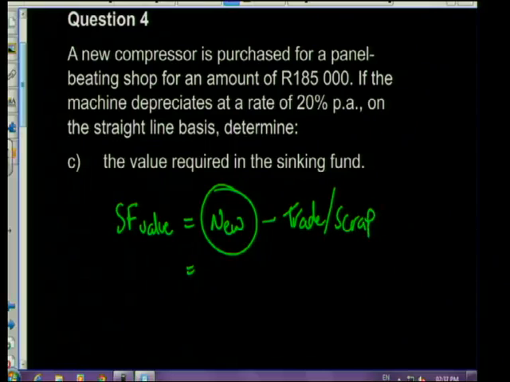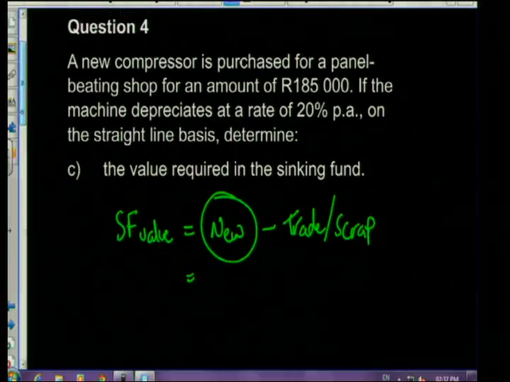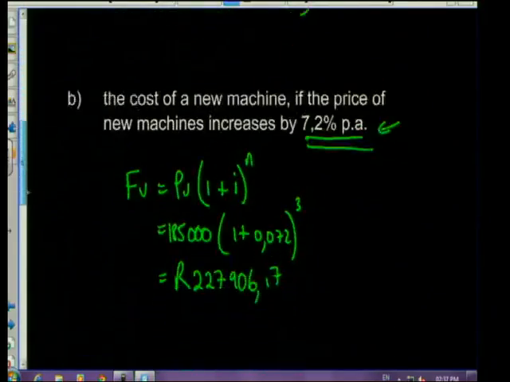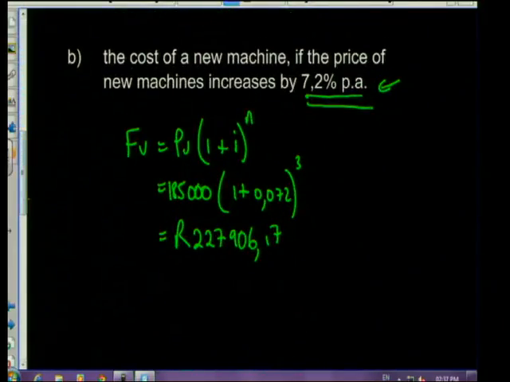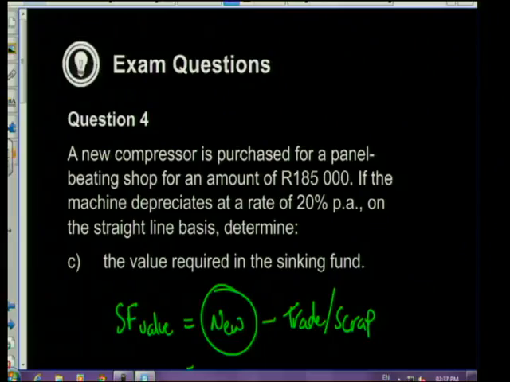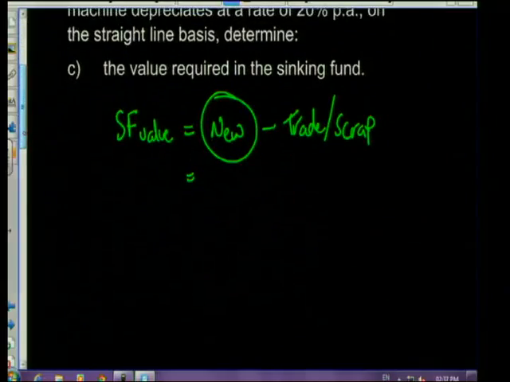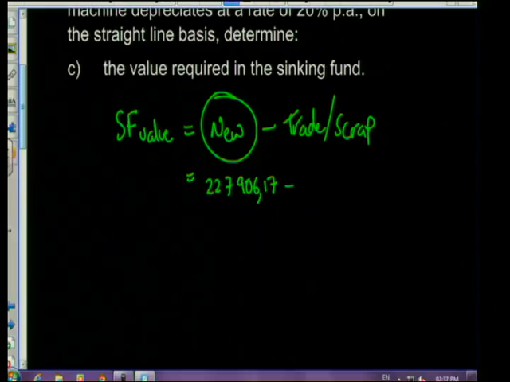So I've just got to remember what the new value was. The new value, let's just go back a page quickly. Okay, the new value, I've got it, 227,906. Okay, so 227,906 Rand and 17 cents minus what the trade value was, and the trade value was 74,000 Rand.